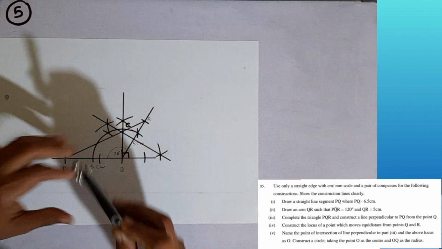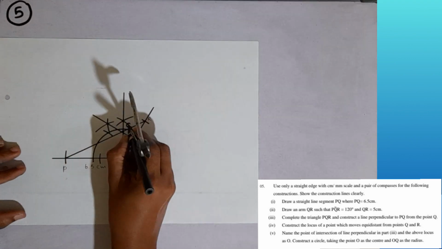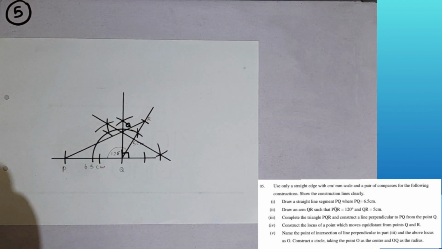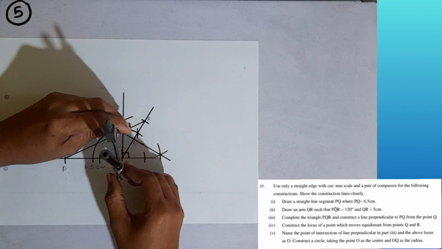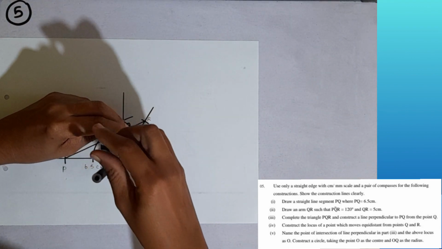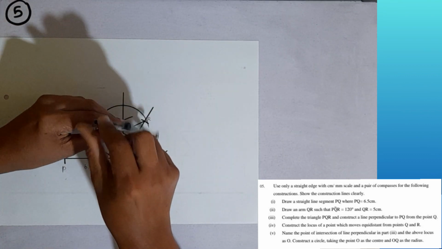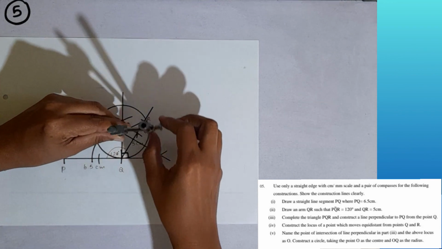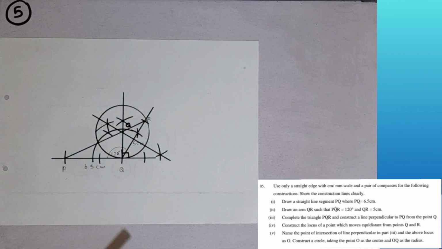OQ should be the radius. This is not C. This is O. It should be O. Then OQ as the radius. We have to draw another circle. So this is the circle we get.